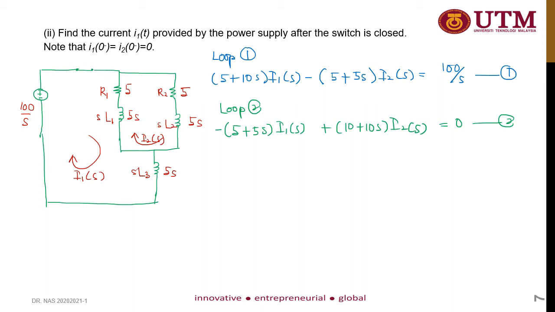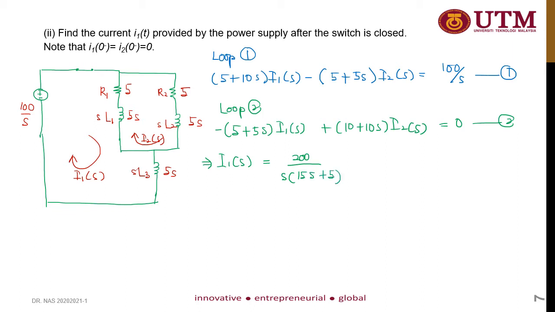So please solve equation 1 and equation 2 to get the final equation of I1(s). This is the simplified step, so please make sure you derive equations 1 and 2 until you get I1(s). In this case I1(s) equals 200 over s(15s plus 5).